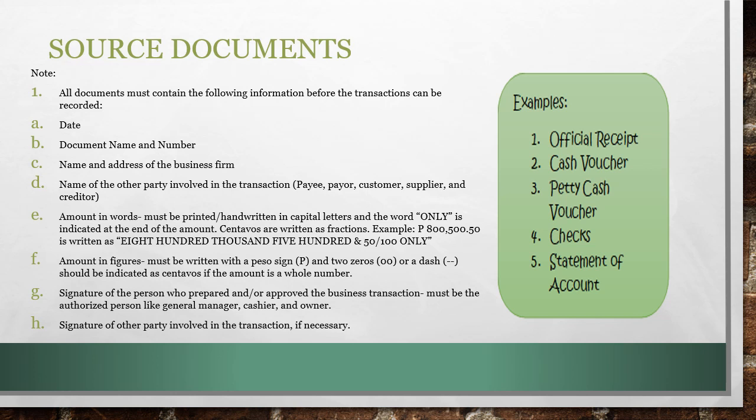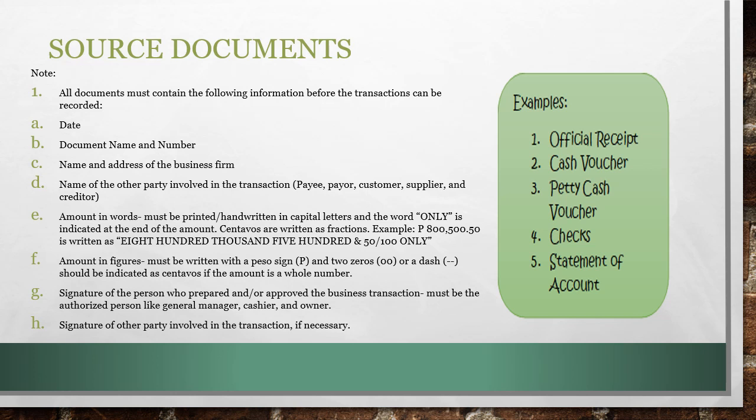It can be the payees, payors, customers, suppliers, and even the creditors. And for the source documents, the amount in words must be printed or handwritten in capital letters, and the word only is indicated at the end of the amount.